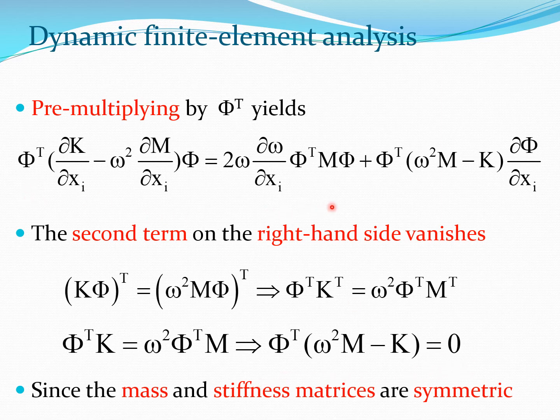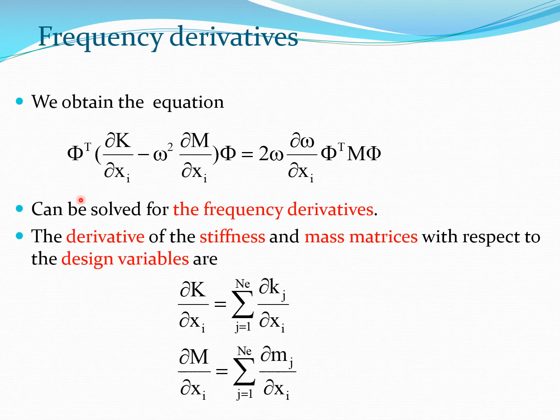Therefore we now have just this equation here, and you can therefore see that the derivative of the frequency can be obtained if we know the derivatives of the stiffness and the mass matrices. So that's the particular equation here, and you can now realize that if you have calculated these derivatives as part of your computer program, it is very easy to solve for the frequency derivatives.